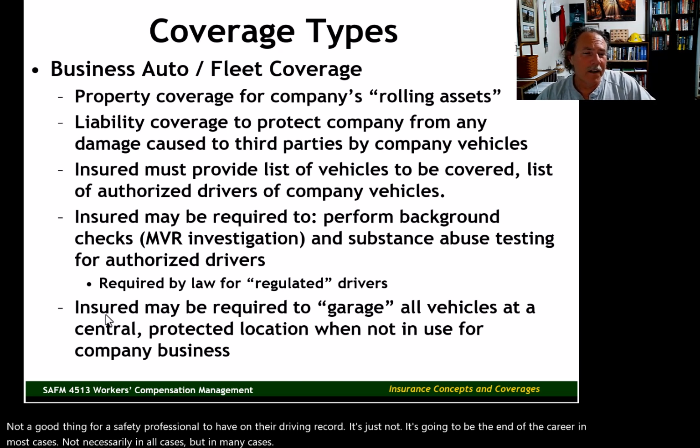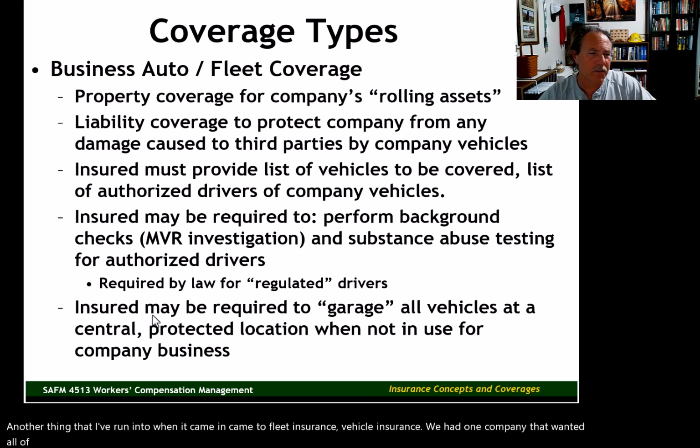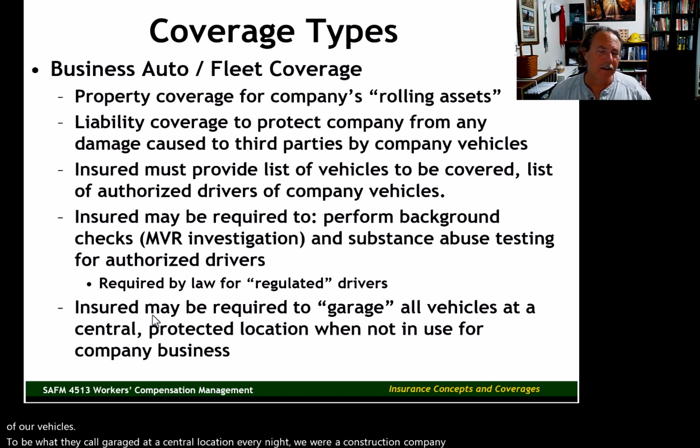Another thing that I've run into when it came to fleet insurance, vehicle insurance, we had one company that wanted all of our vehicles to be what they call garaged at a central location every night. We were a construction company. We had vehicles all over a 3-4 state region.